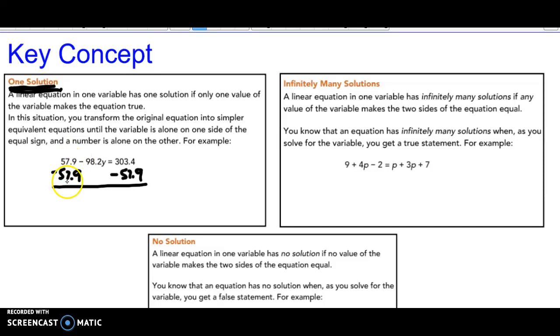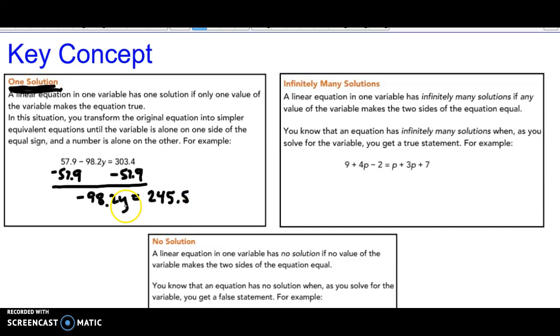So on the left side of the equation, 57 and 9/10 cancels because those are additive inverses. So all I'm left with is this negative 98 and 2/10 y. And on the right side of the equation, when I subtract, I get 245 and 5/10.